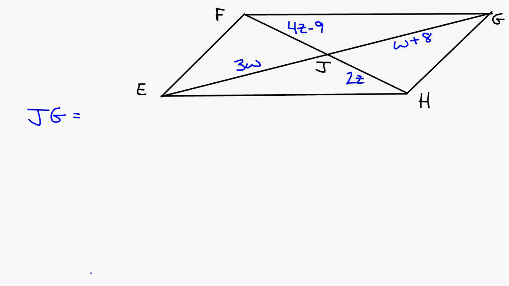So these vertices are E, F, G, and H. And they intersect at point J right here in the middle. The rest of the information: E to J is 3W. And J to G is W plus 8. F to J is 4Z minus 9. And J to H is 2Z. You're asked to find J to G and F to H.